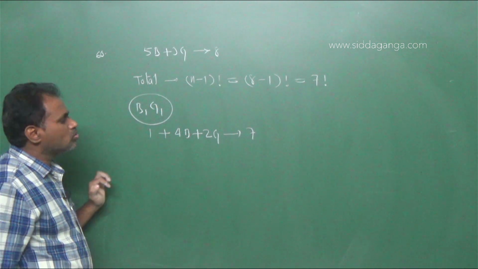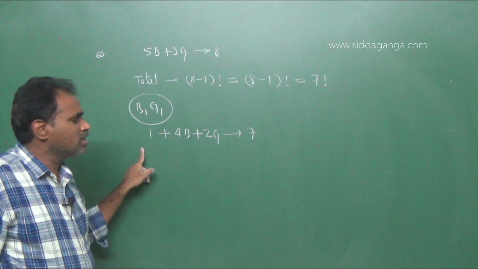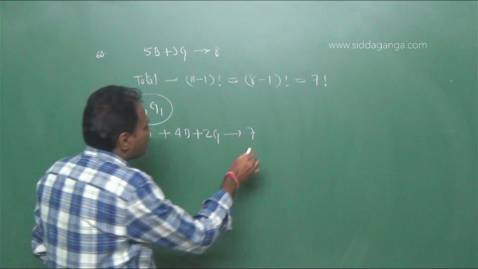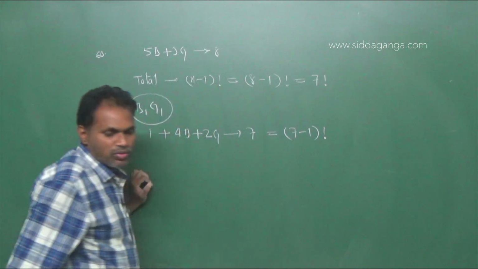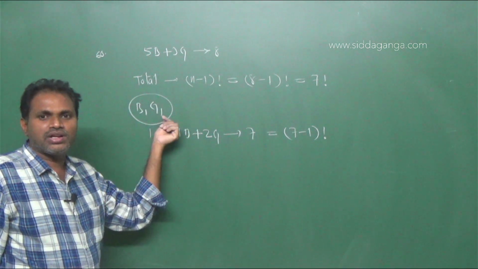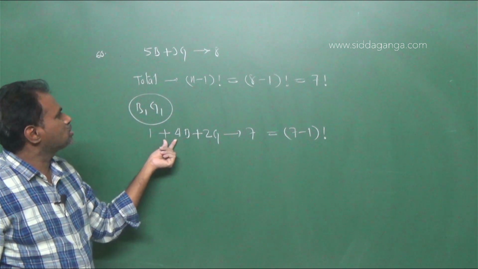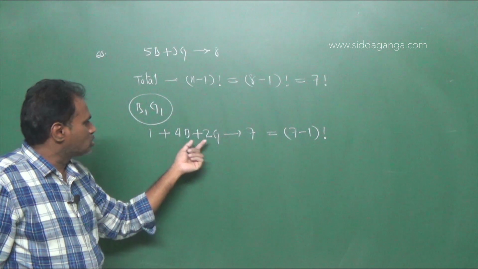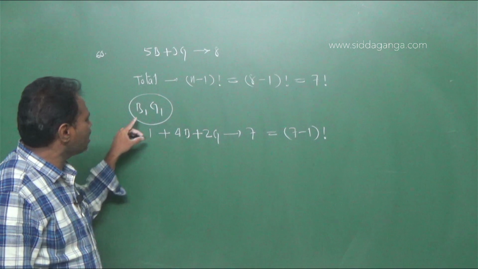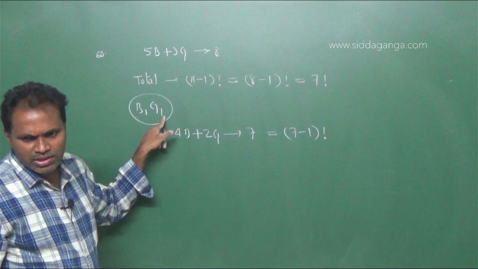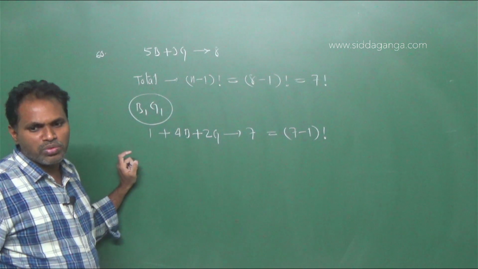Now, if a particular boy and particular girl sit adjacent, the possible ways are equal to 7 minus 1 factorial. Those two are taken as a bundle, and the remaining persons are 4 boys and 2 girls, 6, and 1 bundle, total 7. But again, B1 first and G1 next is one arrangement, or G1 first and B1 next is one more arrangement.